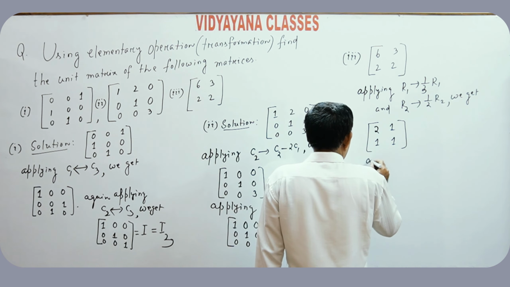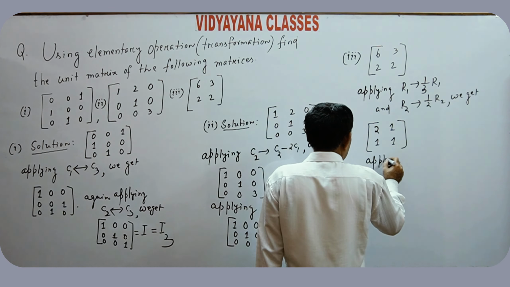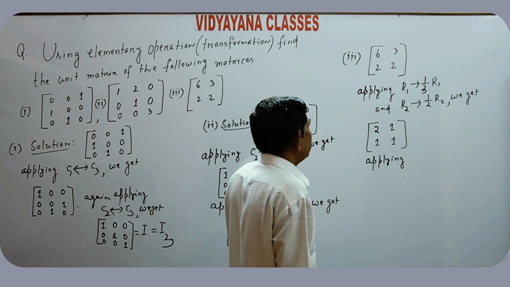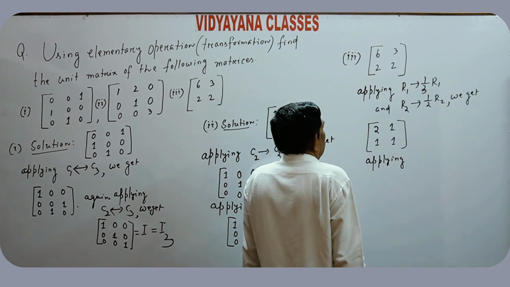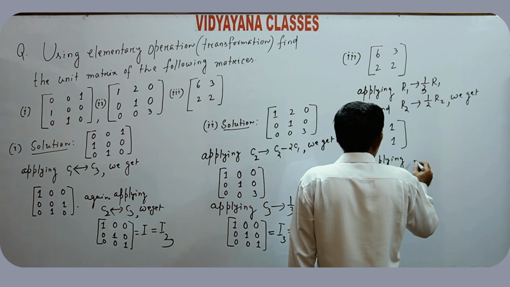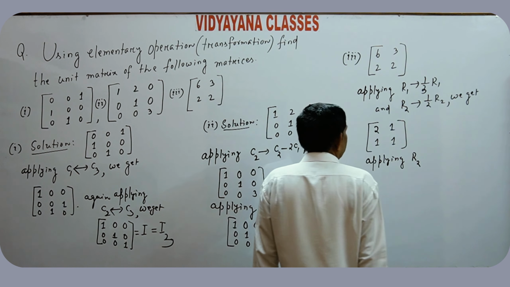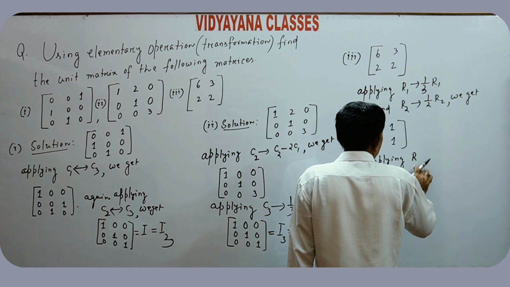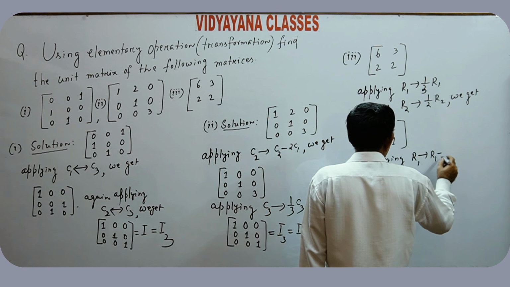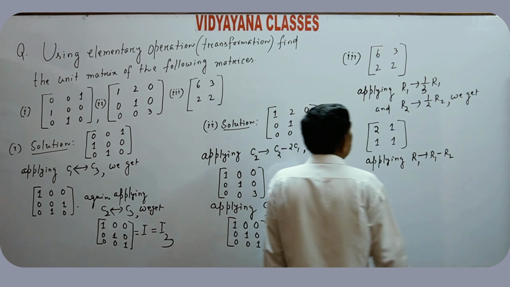Again apply row 1 is replaced by row 1 minus row 2.